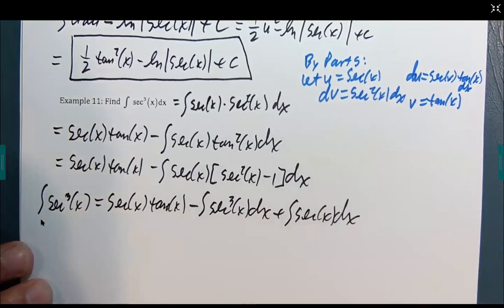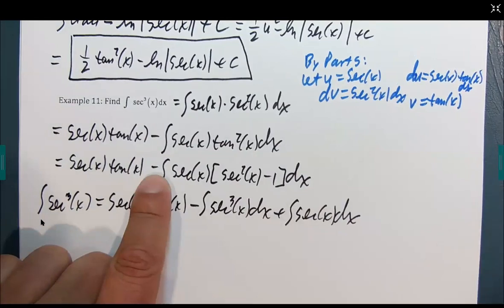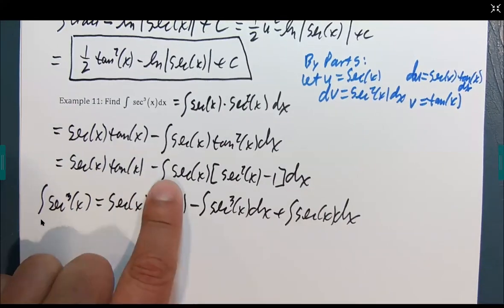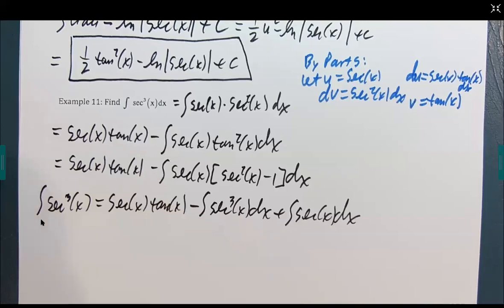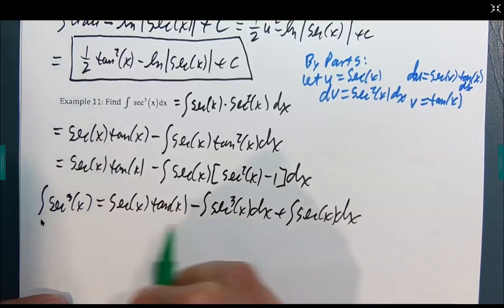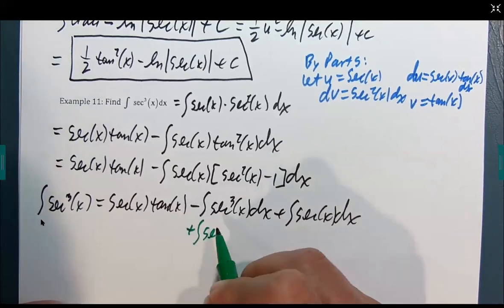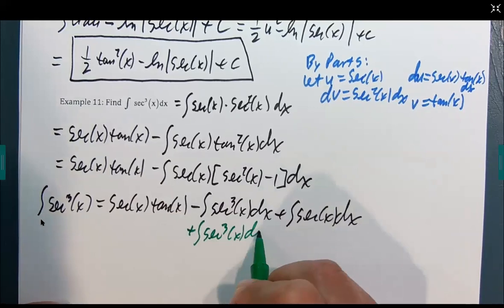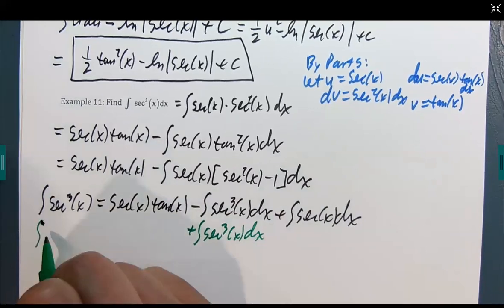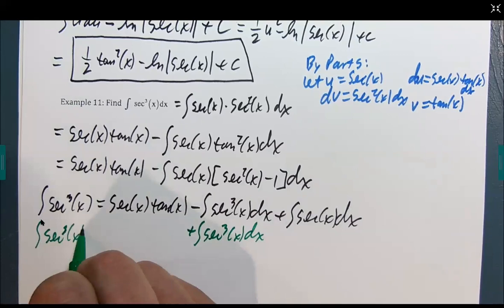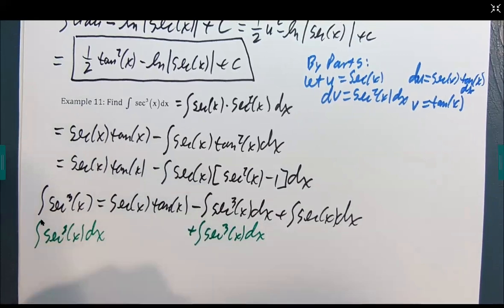Now, I distributed the negative secant to here, and negative becomes plus. Now I'm going to note that this is integral secant cubed. I'm going to actually add that to both sides. Ooh, forgot my dx there.